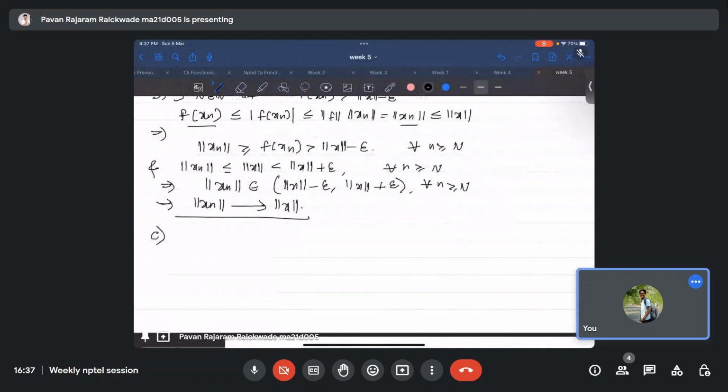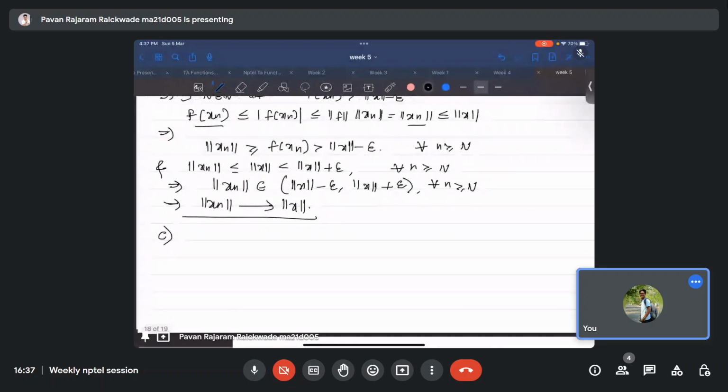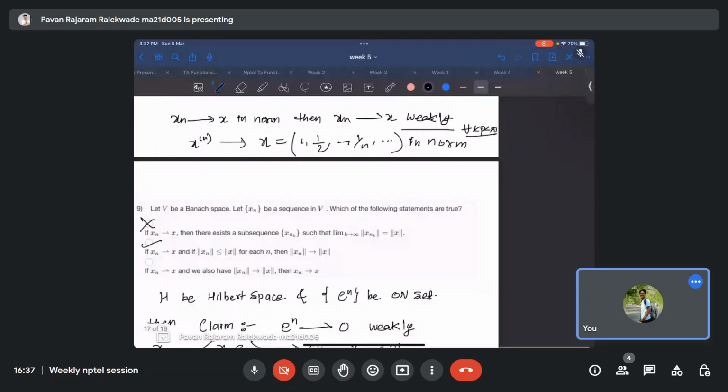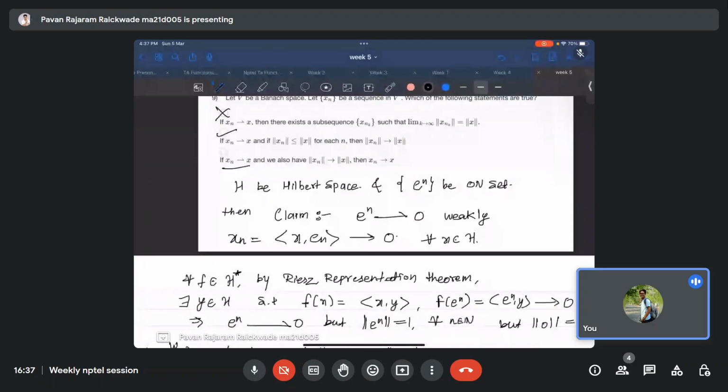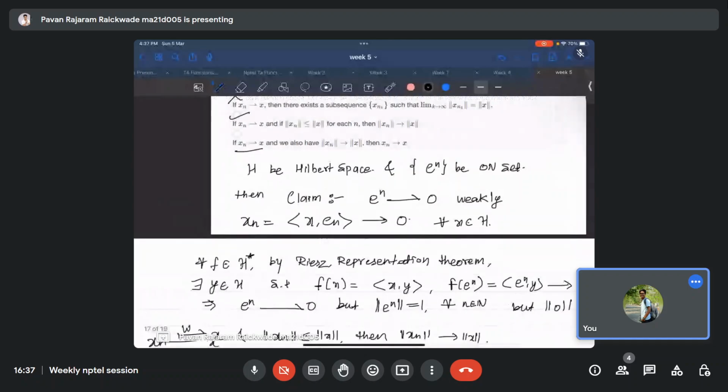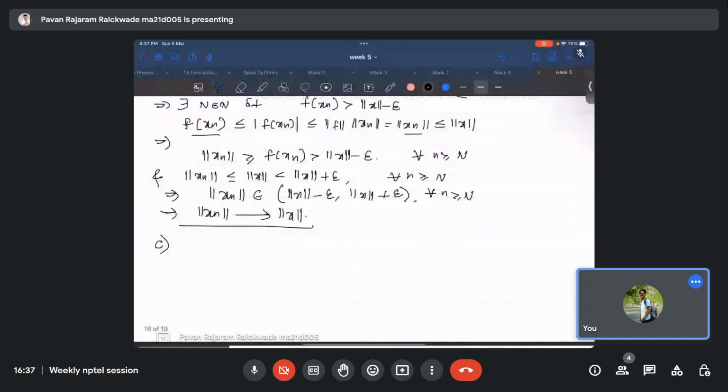Third part. The third part says that if xn goes to x weakly, we also have norm xn goes to norm x. This seems wrong. You take xn to be e1 minus en. It belongs to c naught.